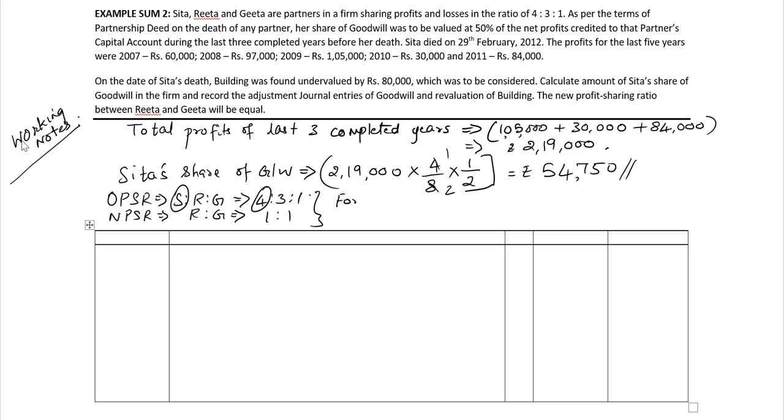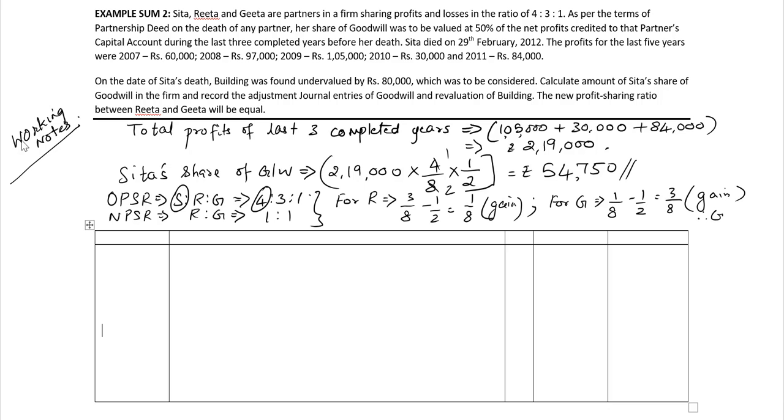So for Rita, old share 3/8 minus the new share 1/2, we get a negative 1/8, which is gain of Rita. And for Geeta, it's 1/8 old share minus 1/2 new share, a negative 3 divided by 8, which is the gain of Geeta.